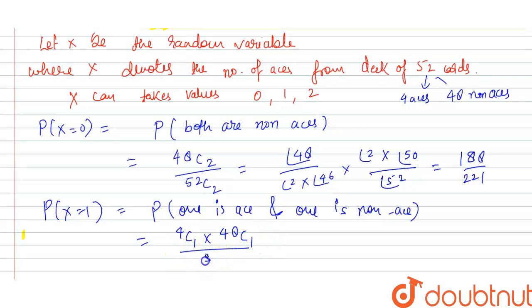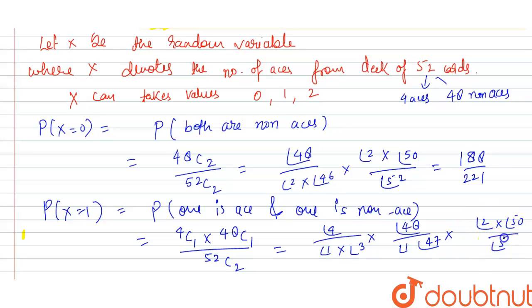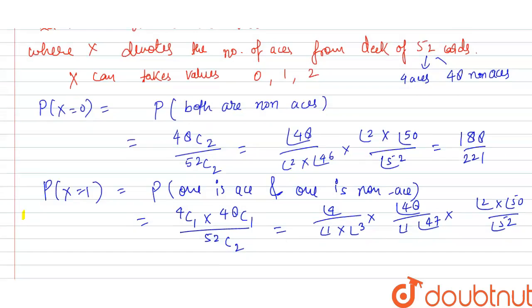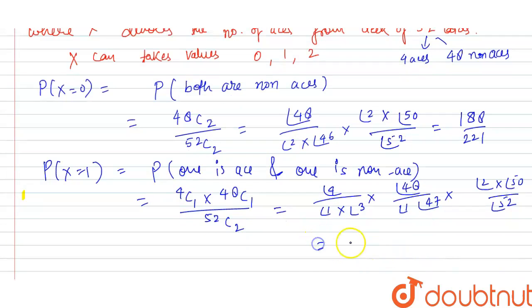On solving this, we get 4 factorial upon 1 factorial into 3 factorial, and 48 factorial upon 1 factorial into 47 factorial, into 2 into 50 factorial, whole divided by 52 factorial. On further solving, we get 32 upon 221.